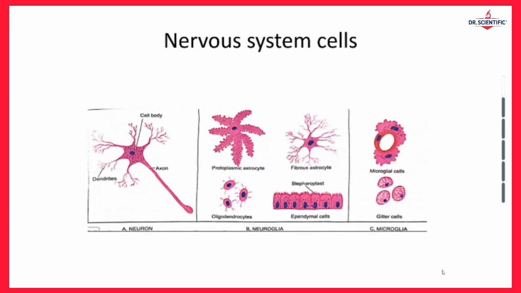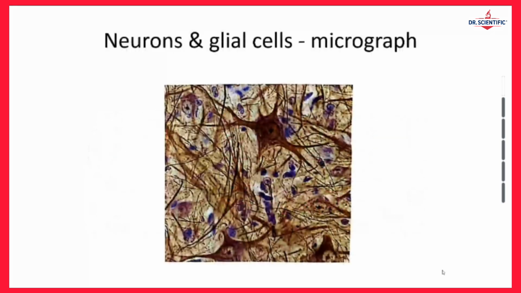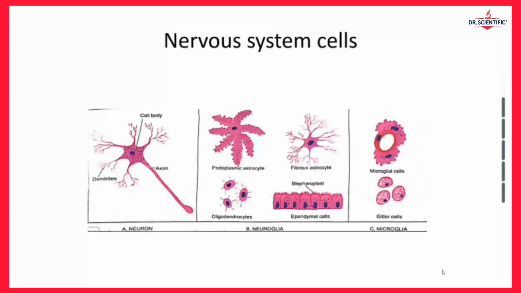In the tissues you have macrophages, and in the brain we have microglial cells, basically involved with defense. And then we have the other neuroglia, mainly part of the connective tissue of the brain: the astrocytes, the oligodendrocytes, and the ependymal cells. This one basically lines the ventricles and helps produce the CSF within the brain.